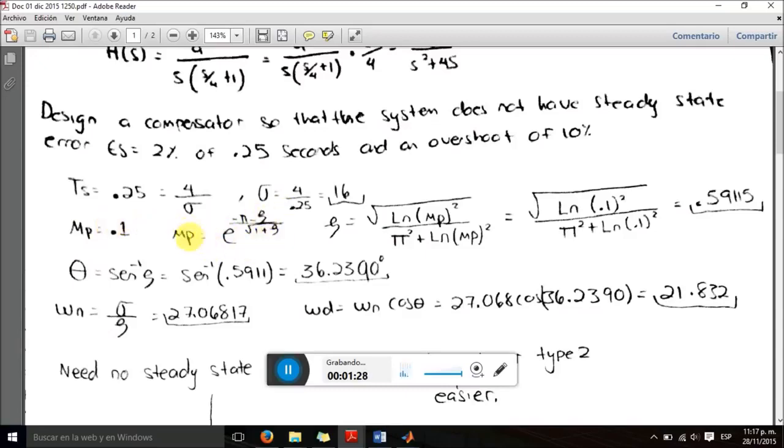We have this formula, and we just isolate zeta, and then we obtain this value 0.5911. With that value we are able now to calculate theta. We calculate that, and then omega n. Omega n is just sigma over zeta, and then with omega n we are able to calculate omega d.